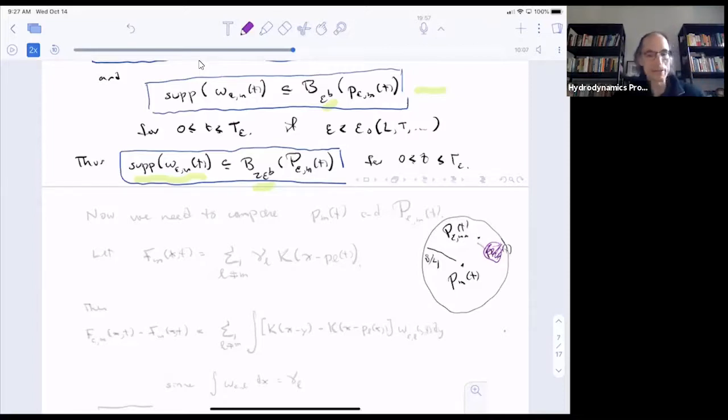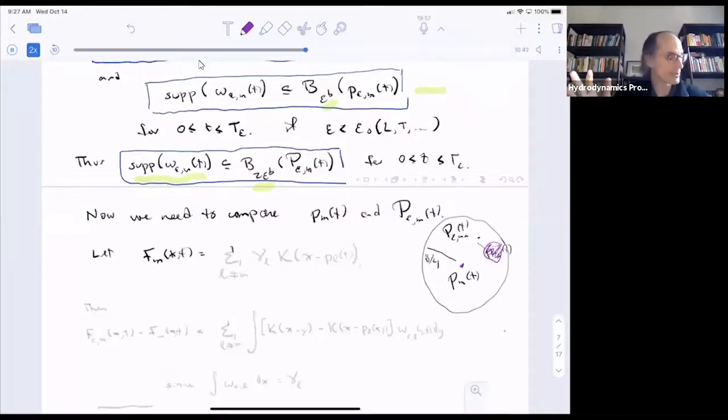But I still need to say that the support of vorticity remains within the ball of radius. Remember, the stopping time delta, this T epsilon, is the first time at which the support leaves a ball of radius delta over 4 around this P sub m. So I need to compare this little p sub m of t and the capital P epsilon m of t. These solve slightly different ODEs. Little p sub m of t solves an ODE where the right-hand side is what I'll call f sub m, which is what I'm writing down here.